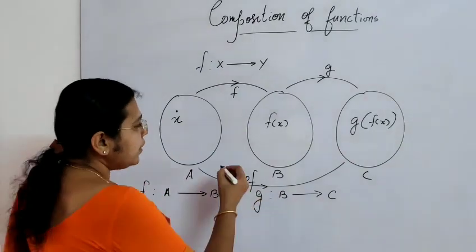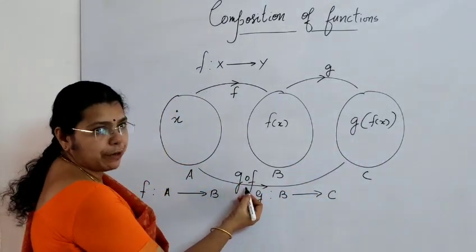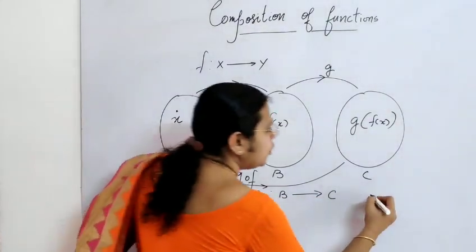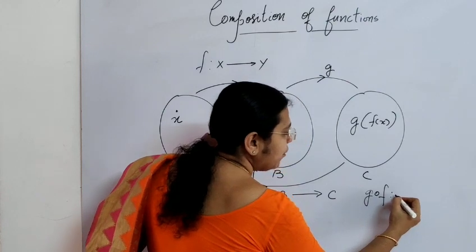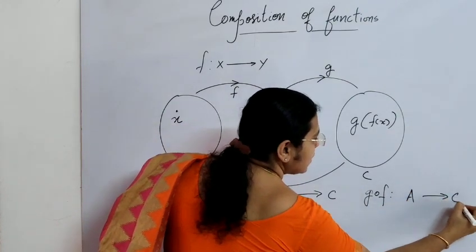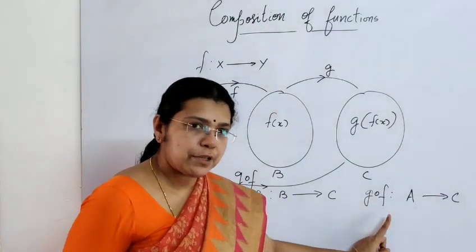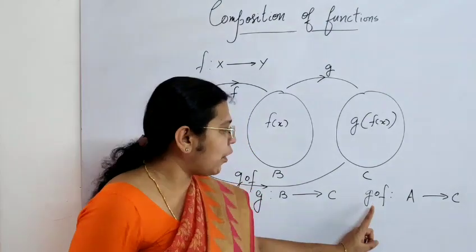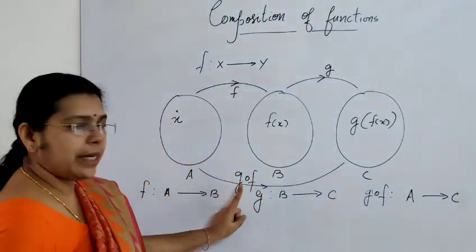So this function g of f of x is the same as what? g o f. Now, what is g o f? g o f is a function from where to where? It is a function from A to C, right? So, it is notated as g o f.